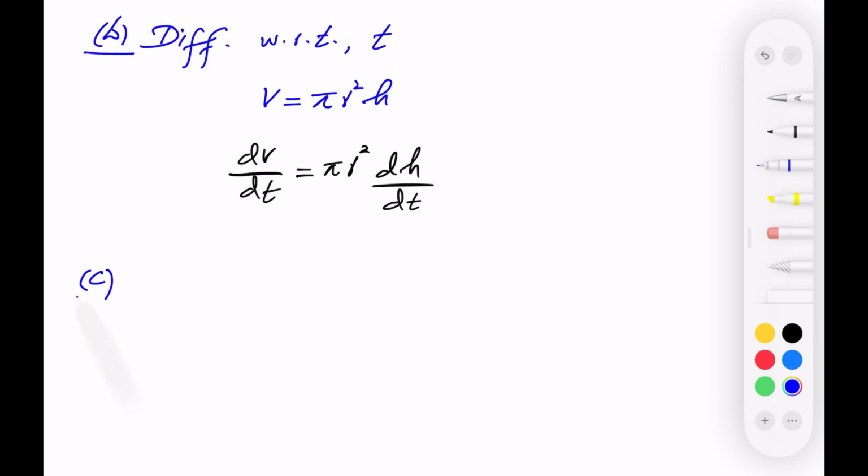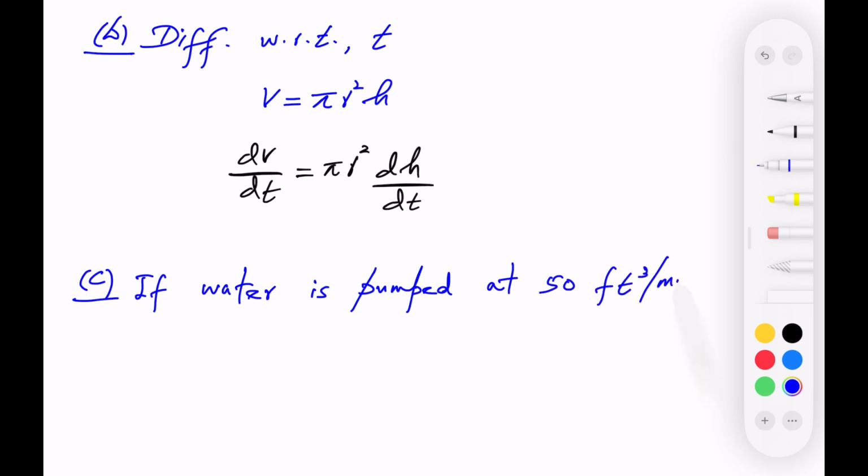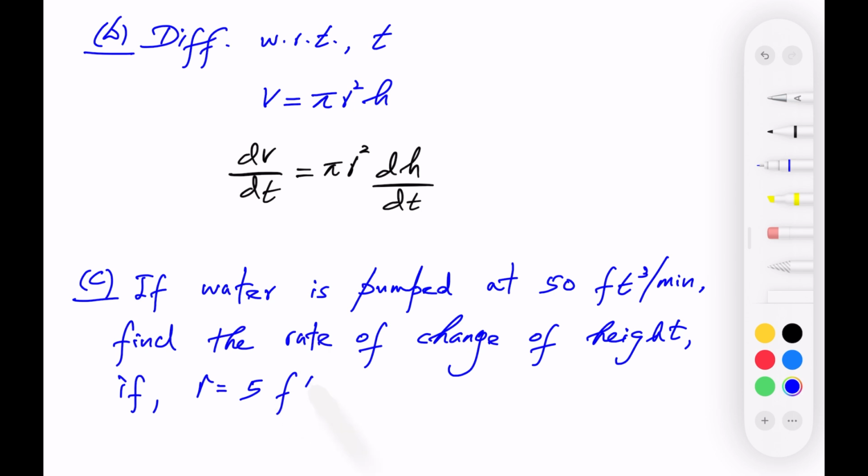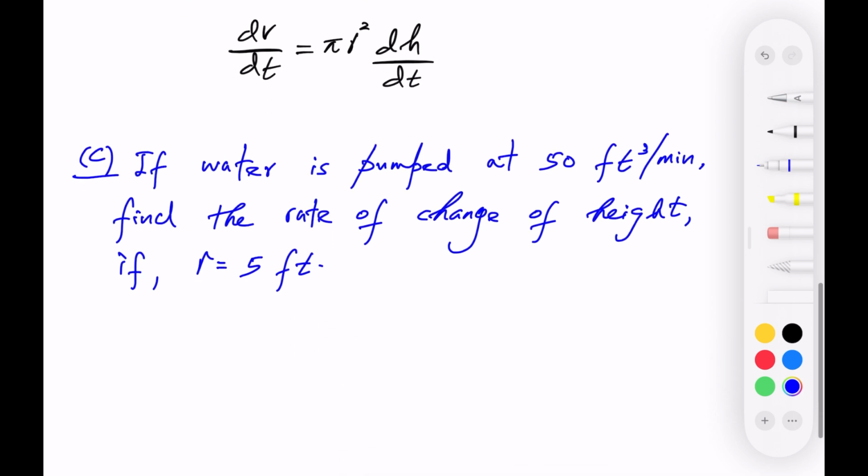That's it. Part C of this problem is, if water is pumped at 50 cubic feet per minute, find the rate of change of height if the radius r is equal to 5 feet. All you have to do is just look at this equation and substitute the given values.